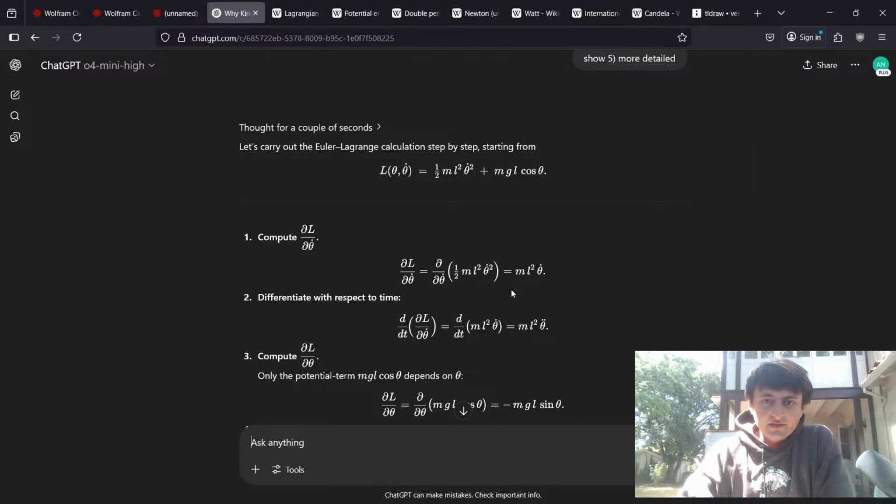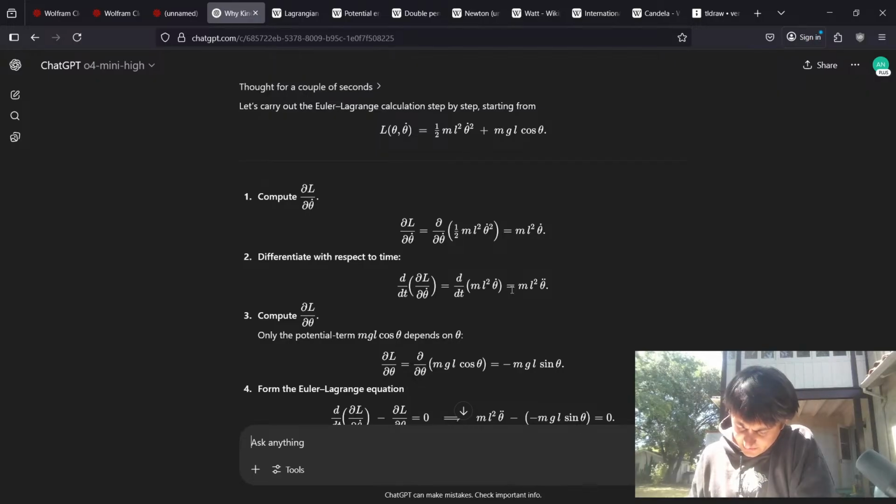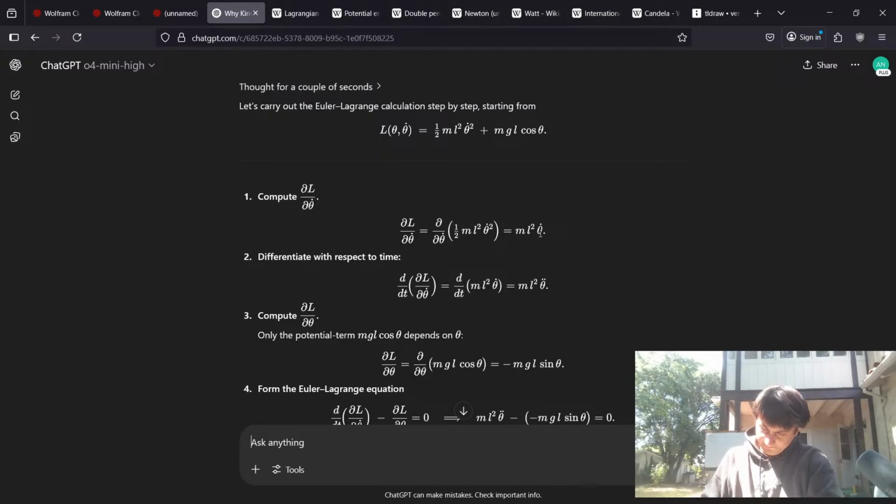Okay. So, first we compute partial of L with respect to the velocities. And we should get m L squared theta dot, because the 1/2 cancels.